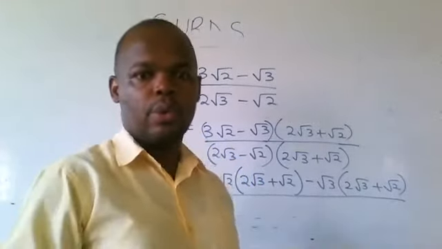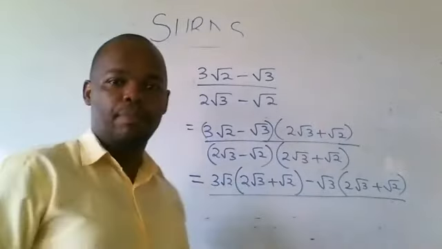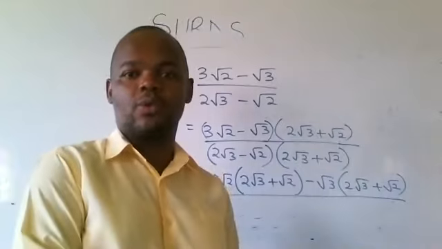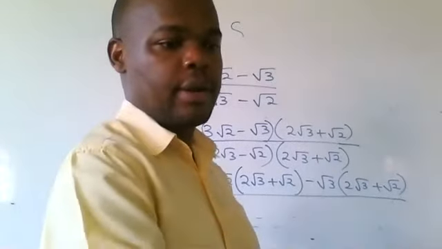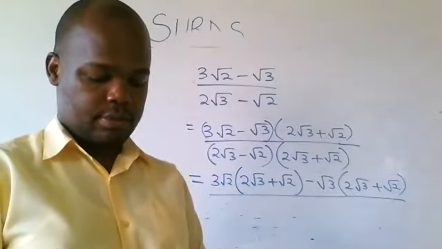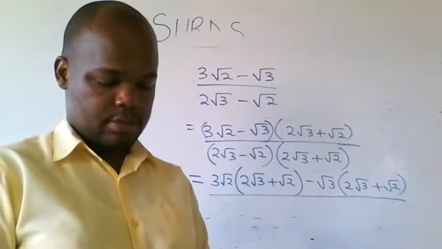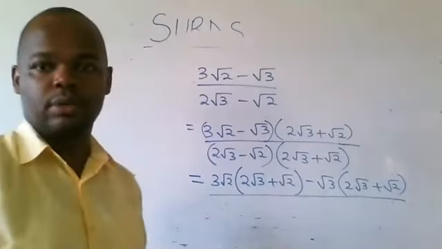So we say that a plus b into a minus b is a squared minus b squared. So a squared minus b squared.